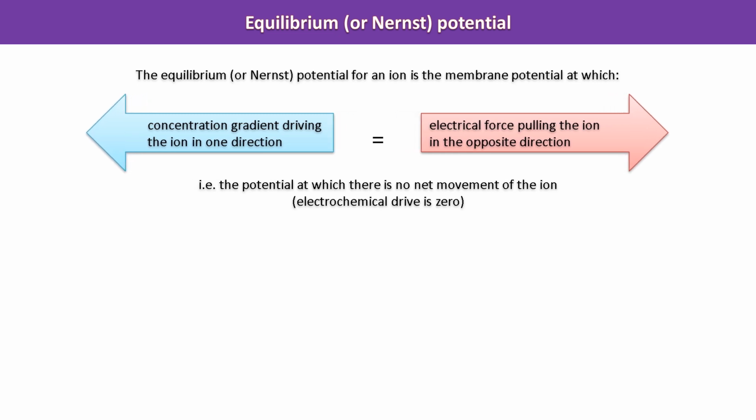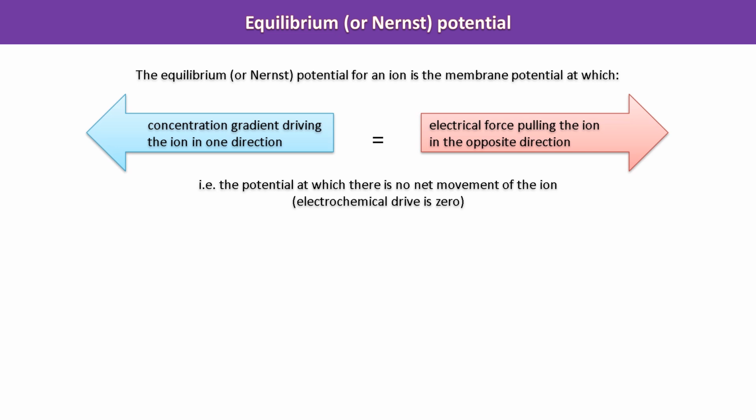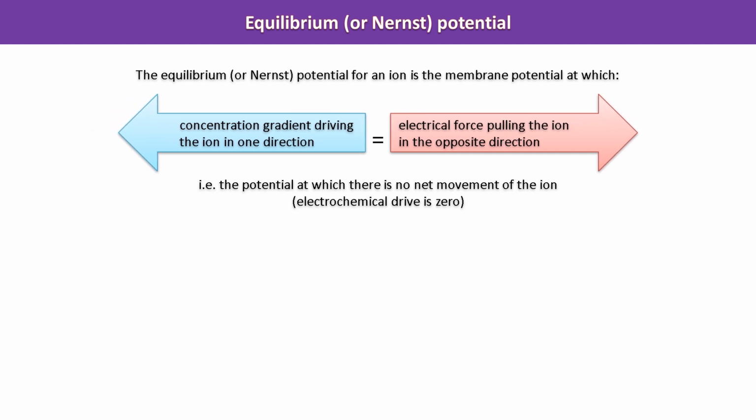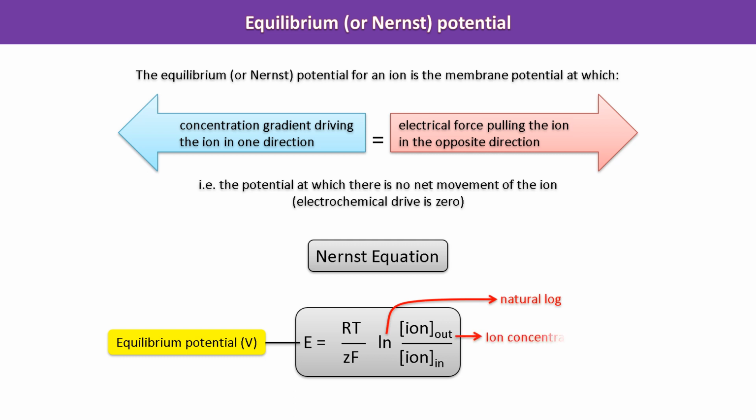The voltage or membrane potential at which this occurs is described by the Nernst equation. E is the equilibrium or Nernst potential, and it is a function of the ion concentration gradient, which is written as the natural log of the ratio of the extracellular to intracellular concentration.